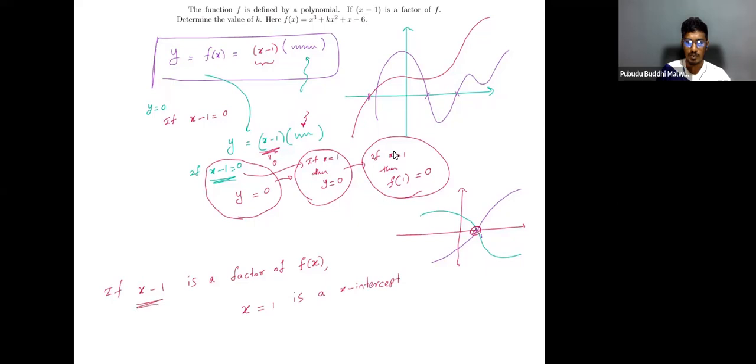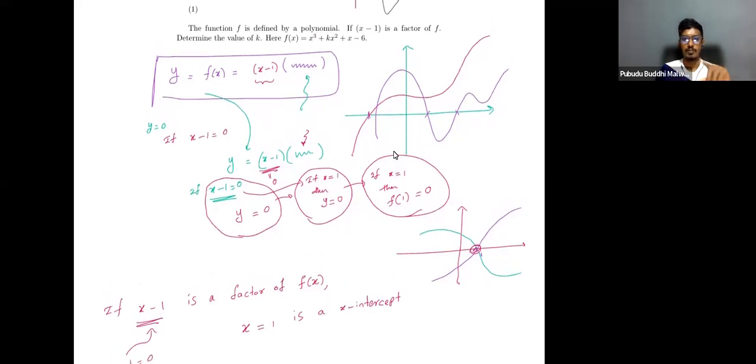Basically, this part you can set equal to 0. That's the idea. So you can write that straight away.